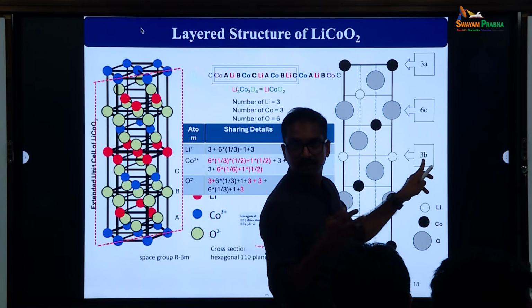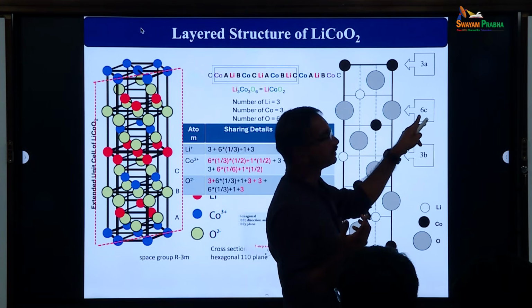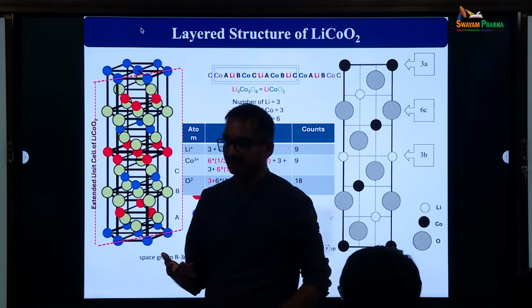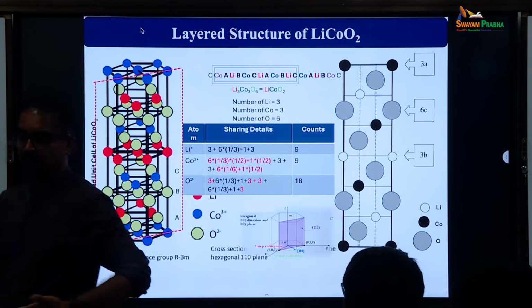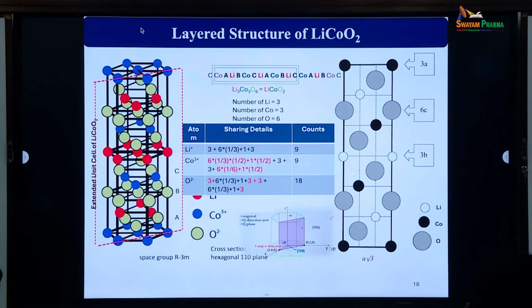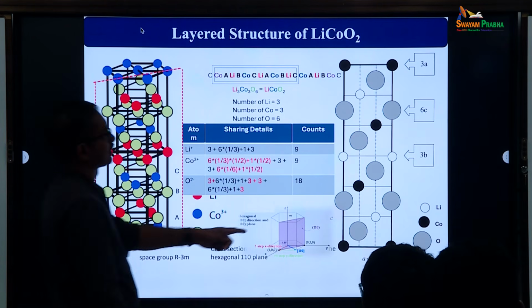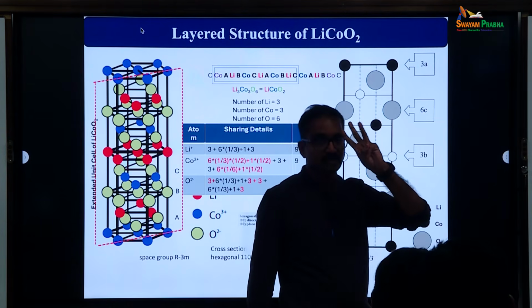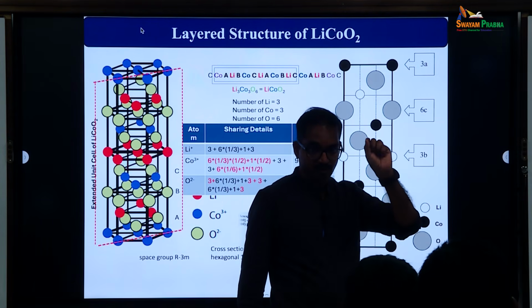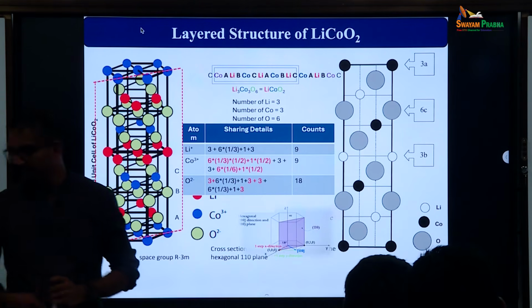Co3, there will be 3 Co, that will be the site called B site. And there are 6 oxygen, that will be in the site called C site. So ABC is just a house number. And the actual numerals 3, 6, 3 and so on refer to how many lithium and cobalt are present in the unit cell. Okay? By looking at it, I can understand easily there are 3 formula units of LiCoO2 in 1 unit cell. Okay.